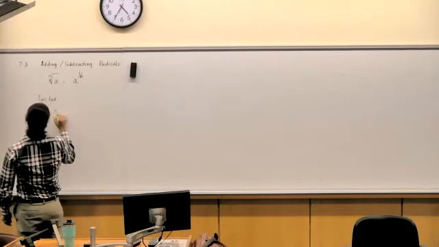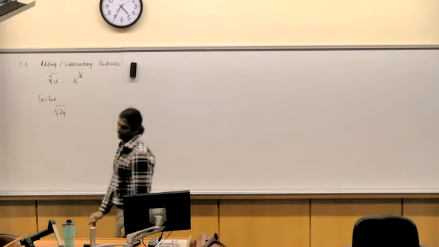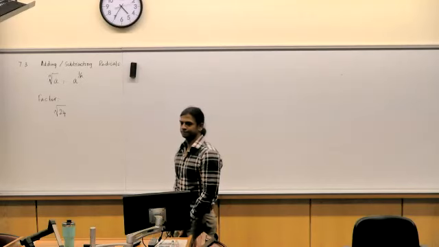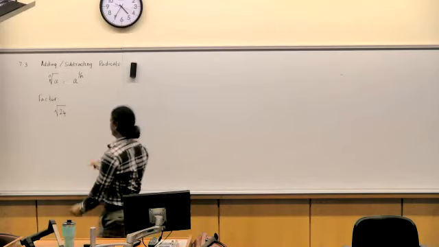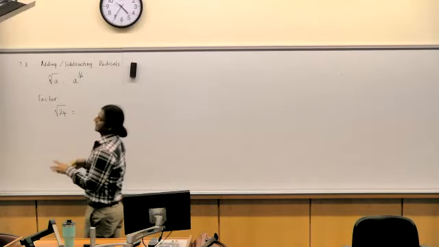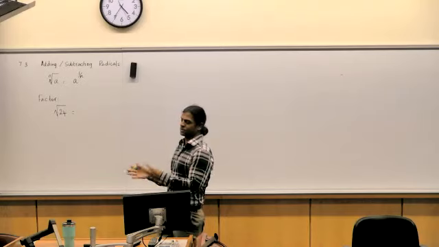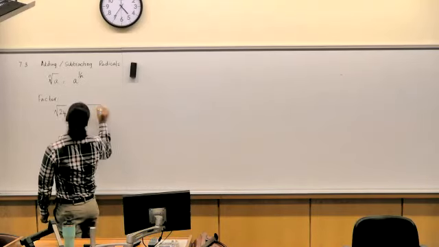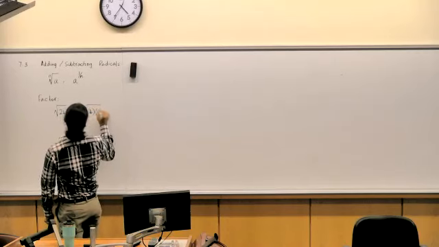Suppose we have square root of 24. Is 24 a perfect square? No, it's not. 25 is. But I can rewrite this in terms of perfect squares and pull out common terms. So I could write 24 as 4 times 6.